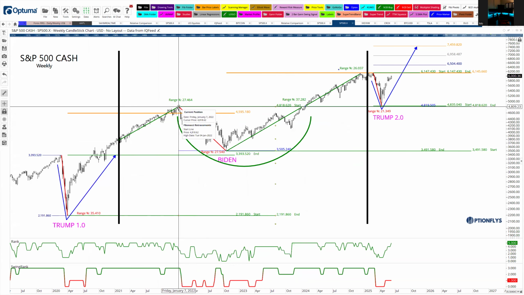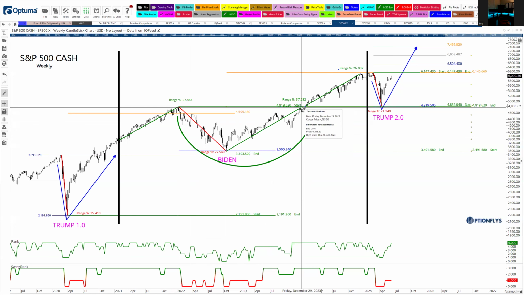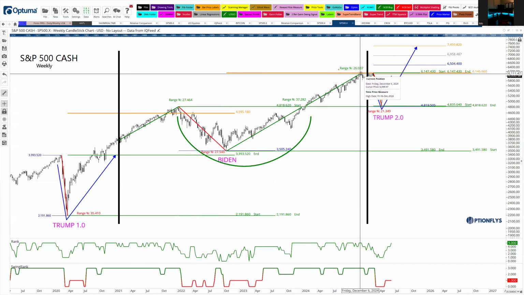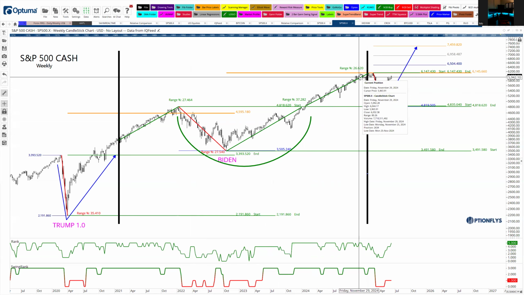We went all the way back up to break to this high. AI boom, 26, 27% up till here. I made a line a bit thicker. I put it there at 25, 26%.